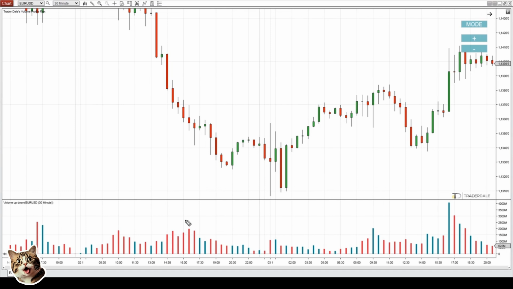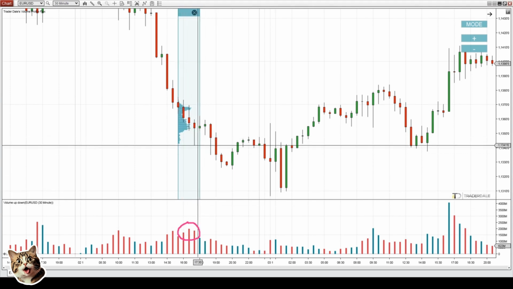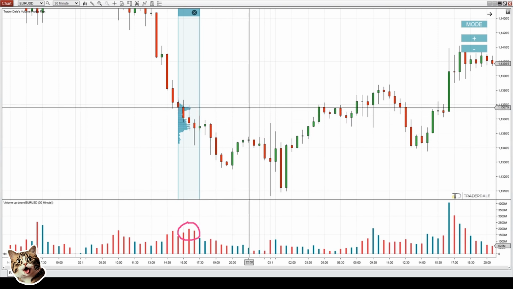And now another volume spike is this one, those three. Heaviest volumes being in here, so you wait for a pullback, you go short from there, and this is the reaction.